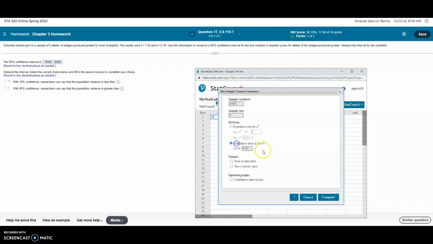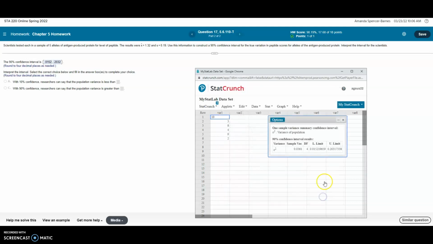And then we are doing a confidence interval of 90%, so we need to change this to 90 and compute. And we end up with 0.0152 and 0.2032.